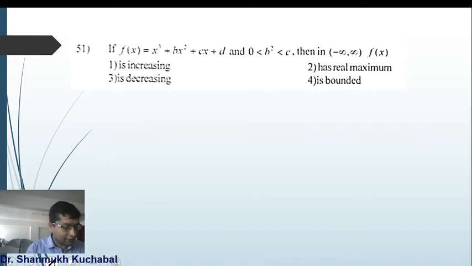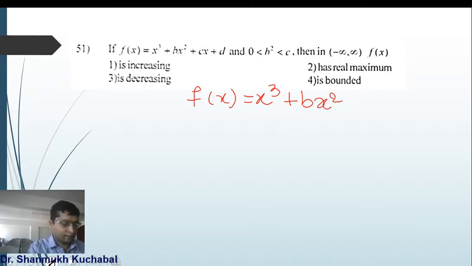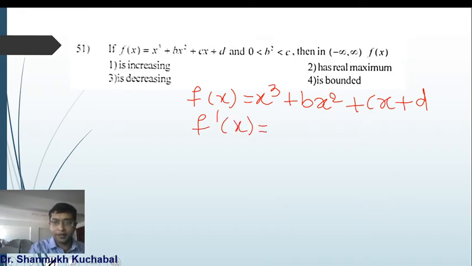I write a function f of x equal to ax cube plus bx square plus cx plus d. Then I find the differentiation of this: f dash of x equals 3ax square plus 2bx plus c.